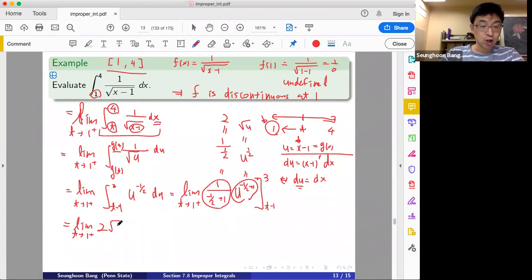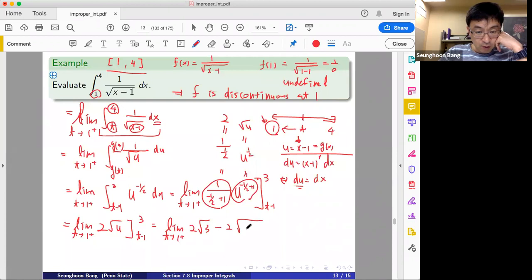So 2 square root of u from t minus 1 to 3. You can plug in 3 first, and t minus 1 later, so 2 times the square root of 3 minus 2 times the square root of t minus 1.